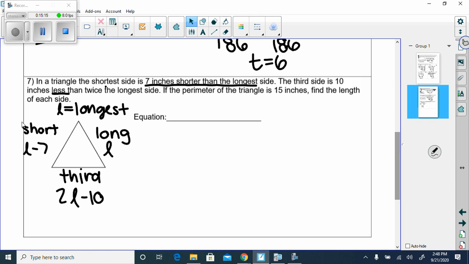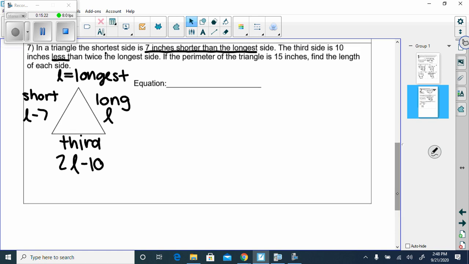Okay, and we were given the perimeter. Well, how do you find the perimeter of a triangle? We add up all the sides. So apparently, if I add all three of those up, it's supposed to give me 15 inches. That's what we said the perimeter was. Okay, so if I am going to solve this, I'm going to add up all these sides. When I start adding up these sides, I need to combine my like terms.